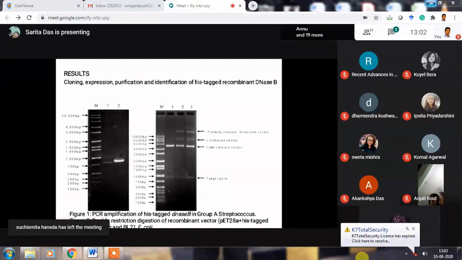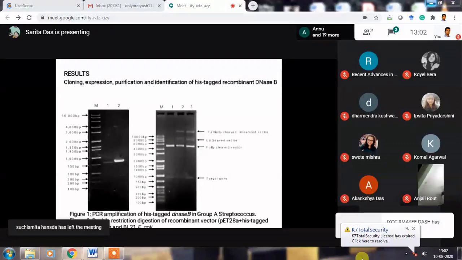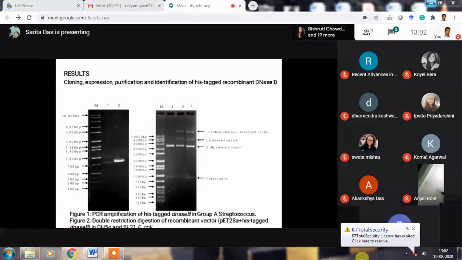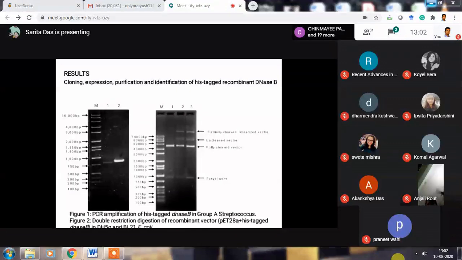So we had to go 100 base pair upstream, where a BglII restriction site is present, and as usual the XhoI. So we used both restriction endonucleases and cleaved the recombinant vector isolated from the DH5 alpha.